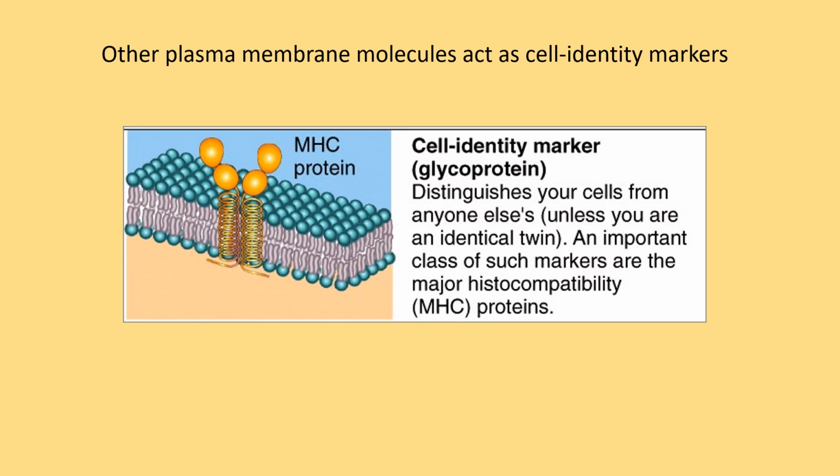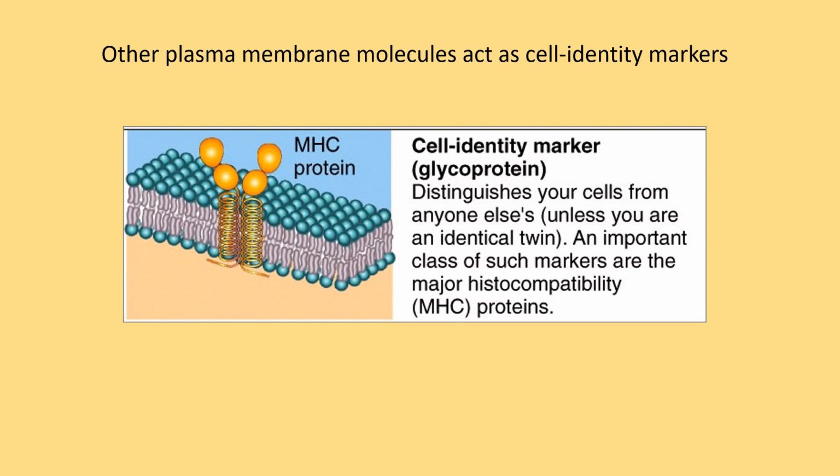But they also present a challenge for tissue transplantation or organ transplantation. If you want to take the heart out of one person's body and put it into another person's body, the recipient's body may reject that donated heart because it has the wrong MHC. So this is just an example of a glycoprotein that functions as a cell identity marker.